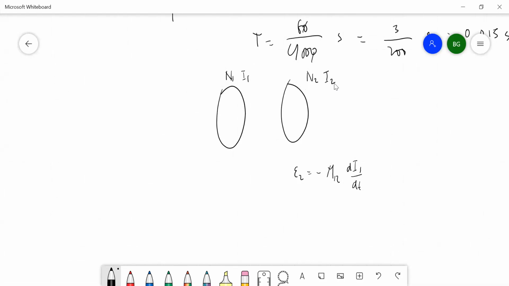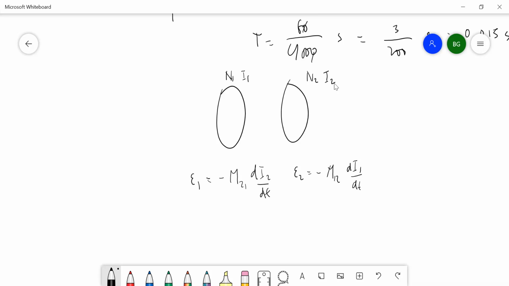So it will also induce the first coil. So in the first coil, this induced epsilon 1 is minus M, this one, dI2 over dt. Okay?